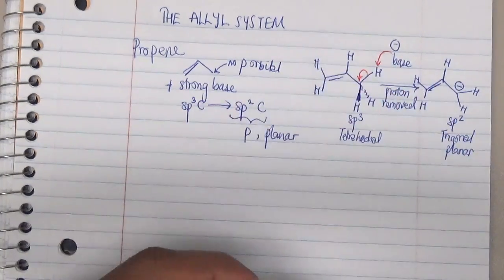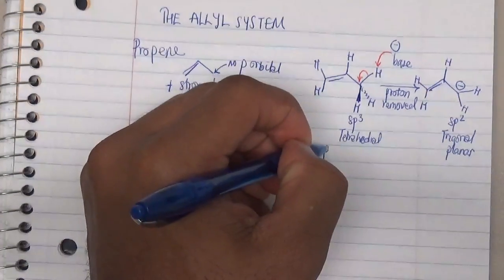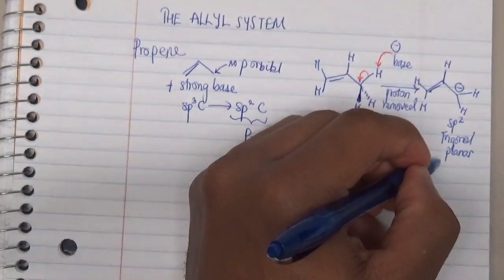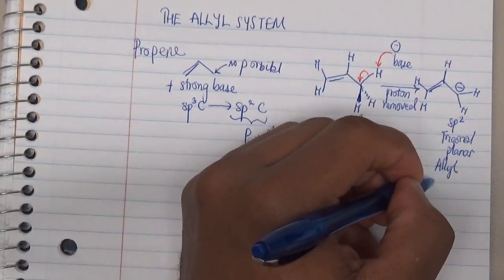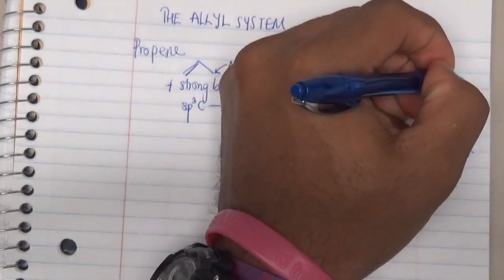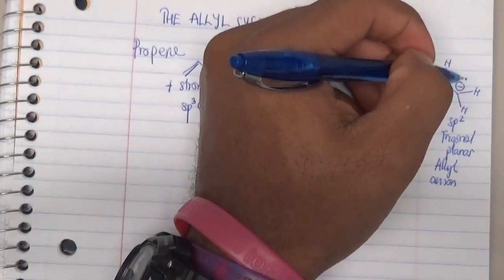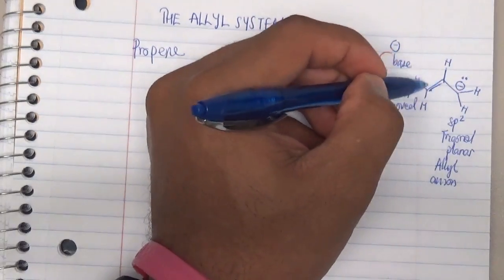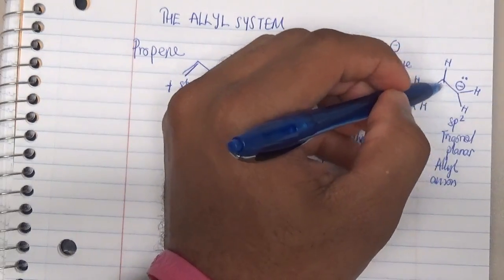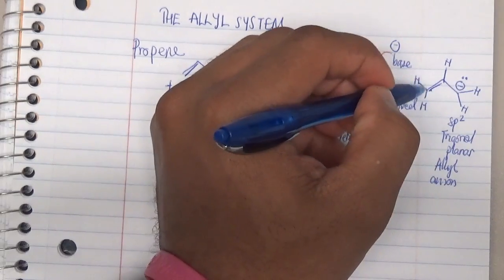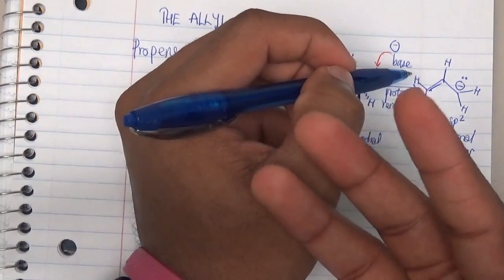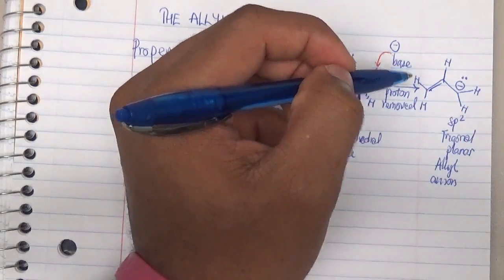Now we are transforming our propene into an allyl anion, where we have our negative charge with a lone pair. Thereby you're including 2 electrons into this compound that has a p orbital, and that p orbital will generate a nice conjugated system, making 3 sp2 carbons.